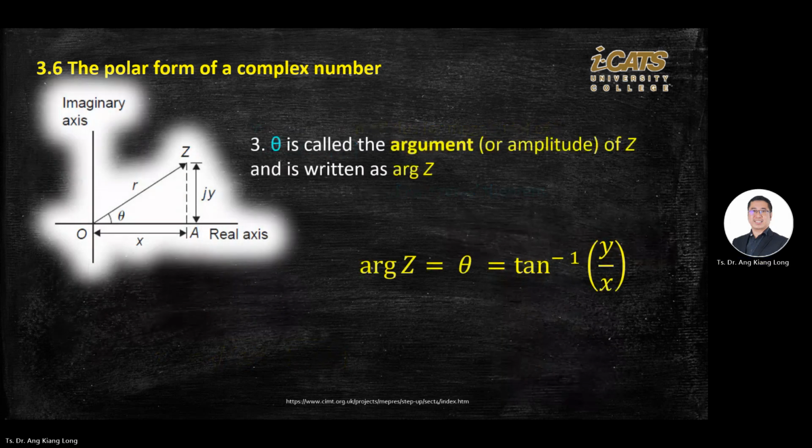Okay. And then the angle in the complex number, we call it argument, or amplitude. So we write it as arg z, argument z equal to theta. How to find theta? You can use sine, you can use cos, depending on the information you have.